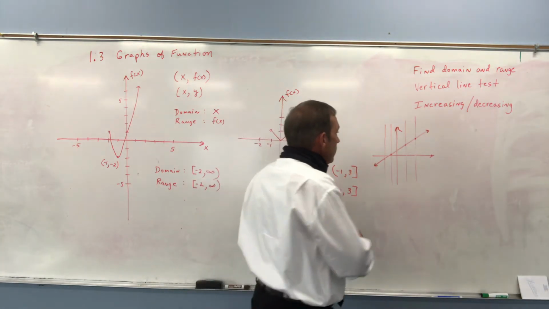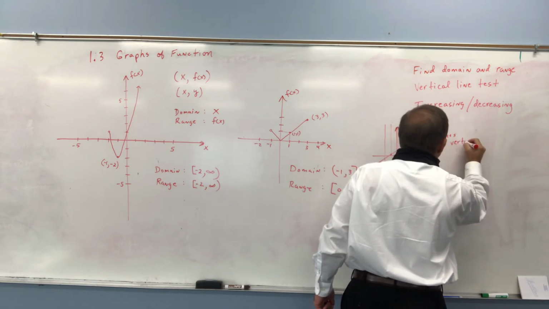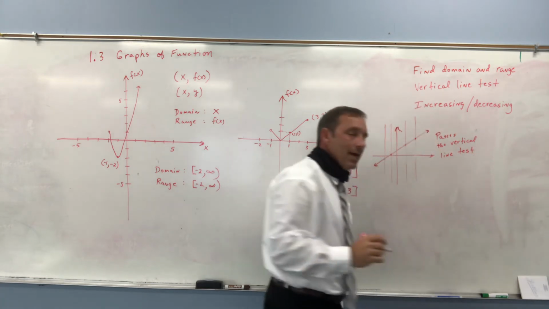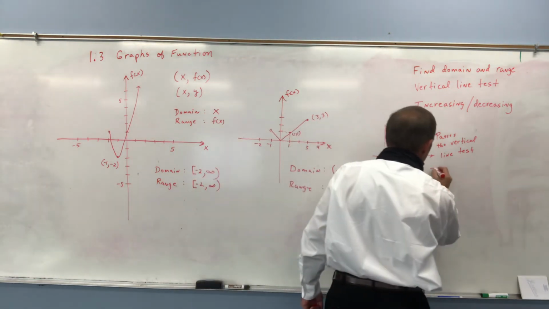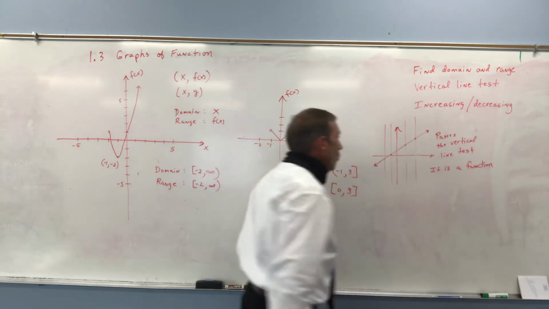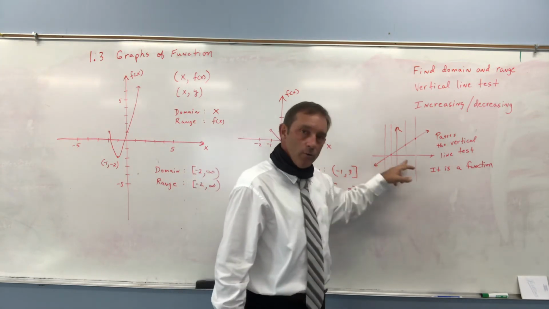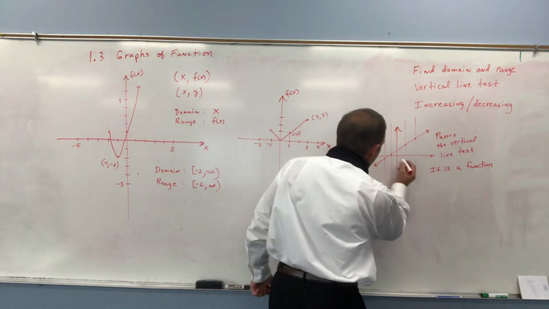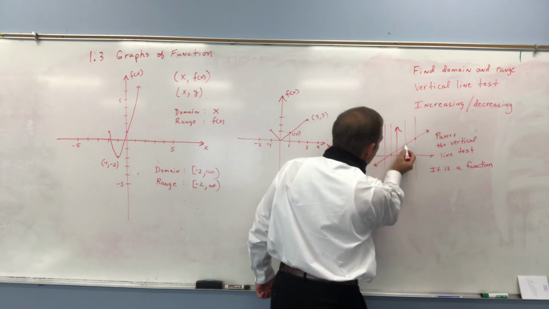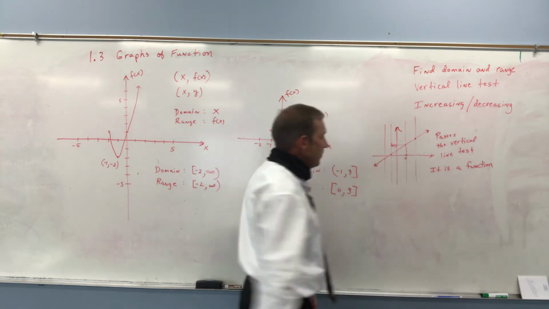So what we would say is this passes the vertical line test. It passes the vertical line test, which means it is a function. What this is showing us, what this is demonstrating visually, is that every x value, like for instance, this x value here, is paired with one and only one function value, or y value.